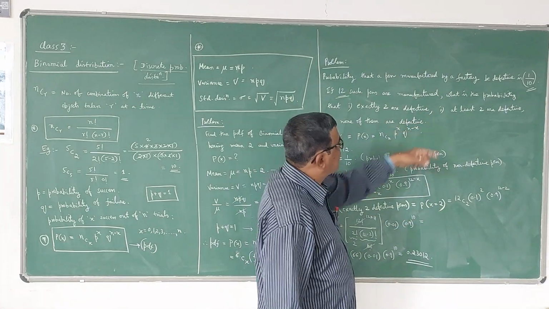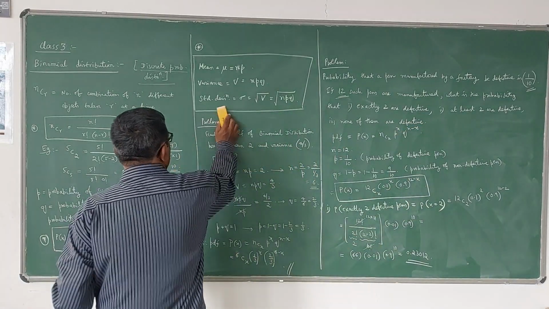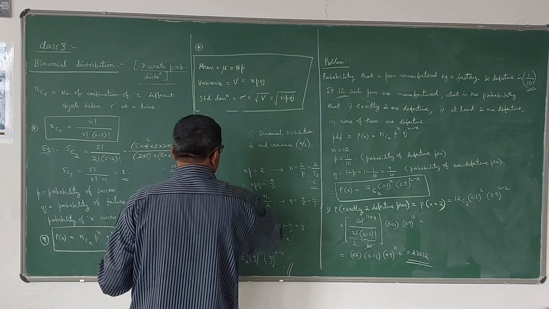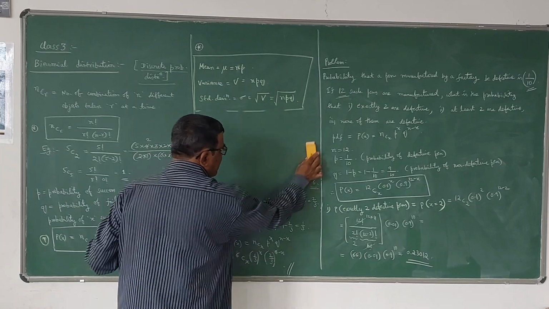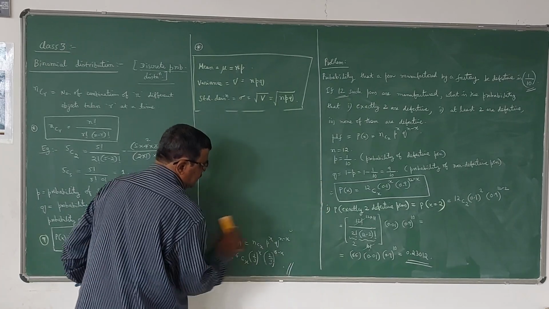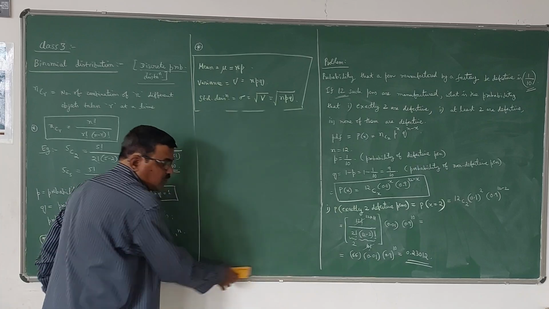Next ಎರಡನೇದು, at least 2 are defective. And come here. At least 2 are defective ಅಂದ್ರೆ minimum 2 ಇರಬೇಕು ಅಂತ. ಅರ್ಥ ಆಯ್ತಾ? Minimum 2.